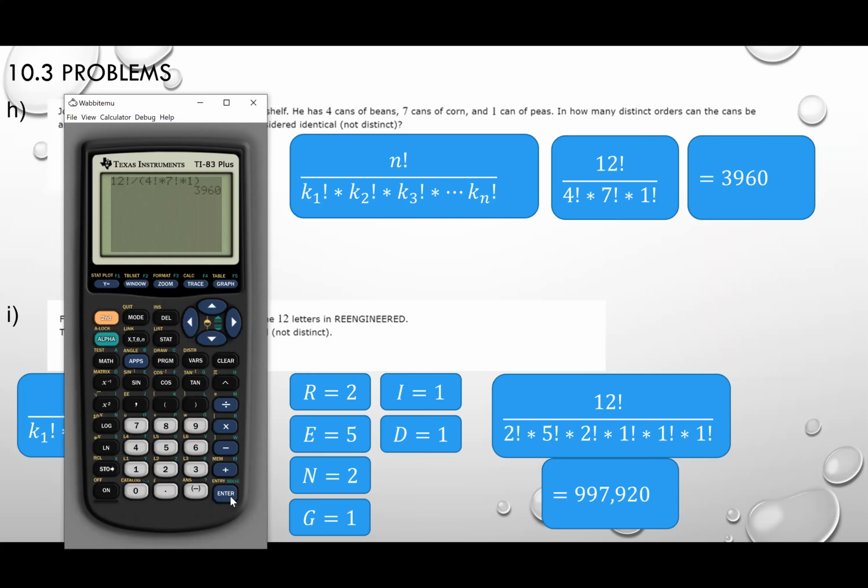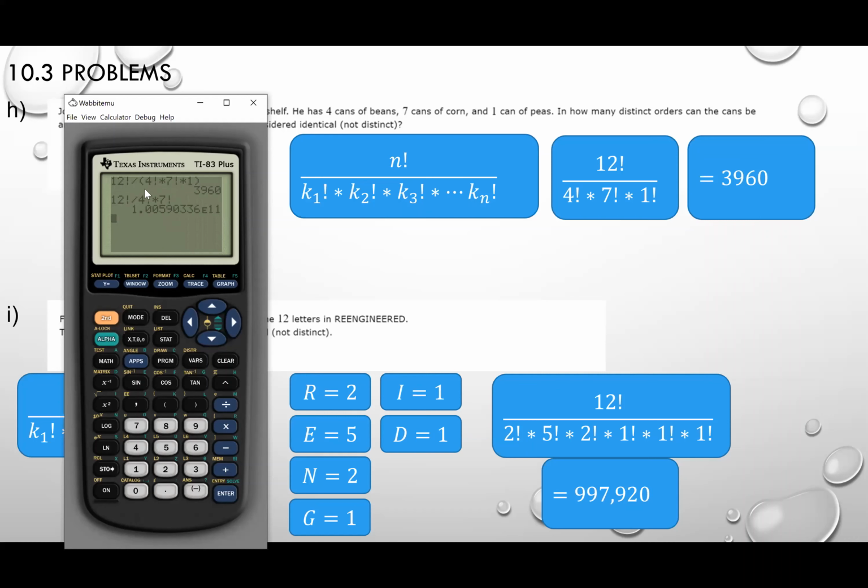If you just put 12 factorial divided by 4 factorial and then multiply 7 factorial, it will give you the wrong answer, because you are telling the calculator to take 12 factorial divided by 4 factorial, and then whatever that result is, multiply by 7 factorial.